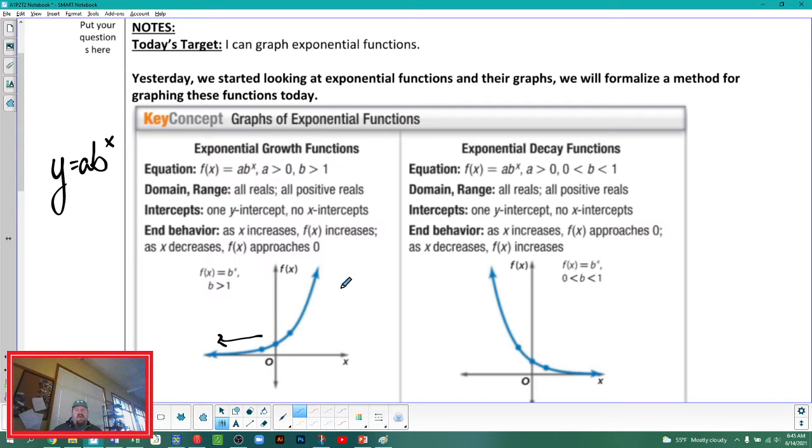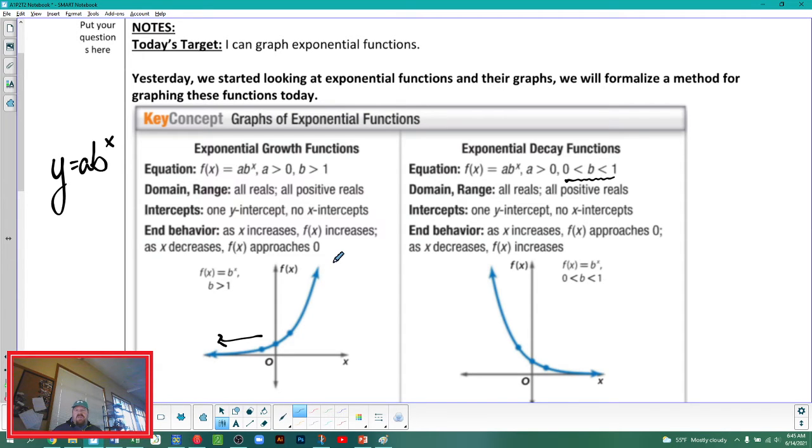Okay. Now, pretty much the opposite is true if all I do is change b to be between 0 and 1. We won't deal with b being a negative value because that's going to do something weird as far as the graph goes.